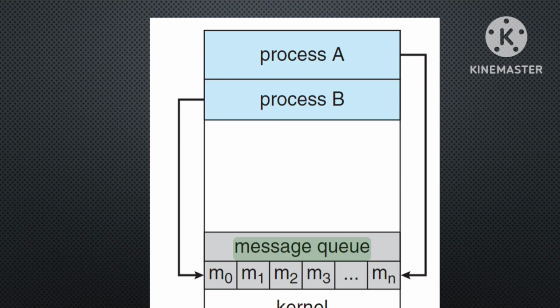In present technology, when comparing shared memory and message passing, shared memory is a bit faster, but when you're working between systems, it is most recommended to use message passing. Why? Because in message passing, yes, there is a slight delay, but there is no other disadvantage.